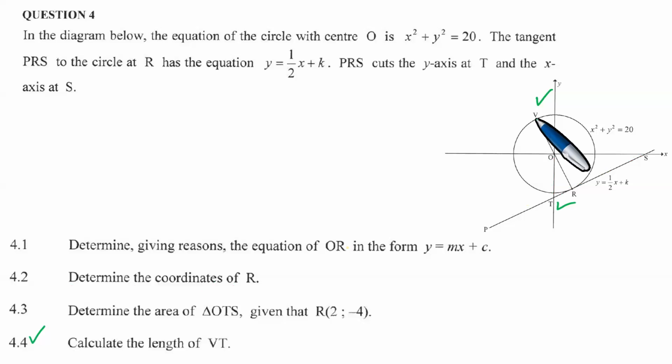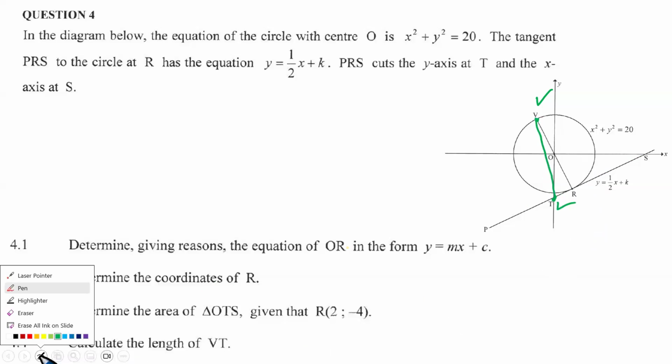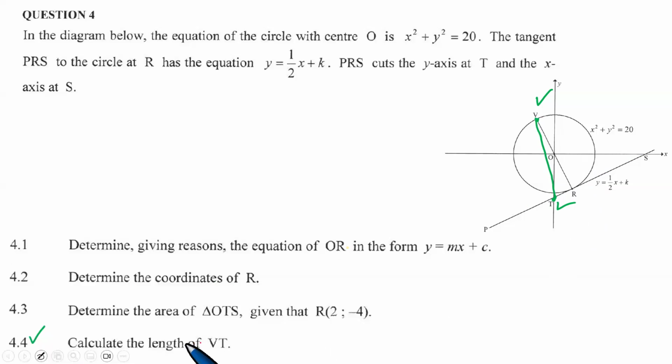So there's a V here, there's T here, and the examiner is saying find the length, the distance from here to there. What is that distance? Let us find the length of VT.